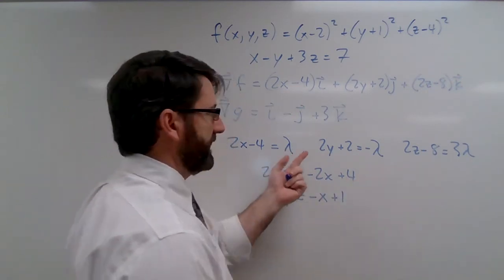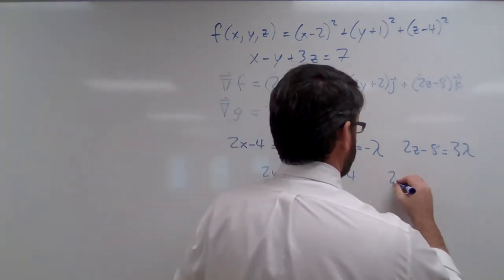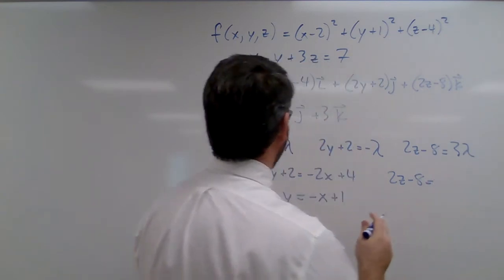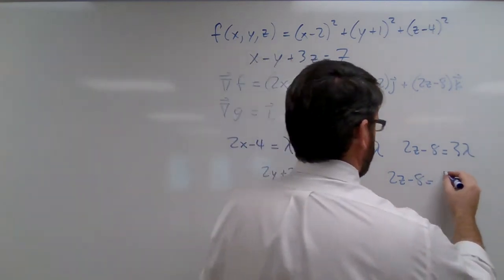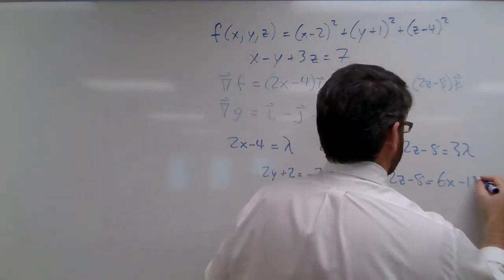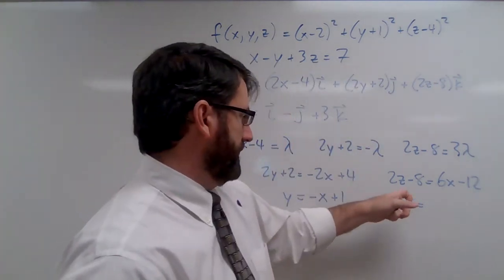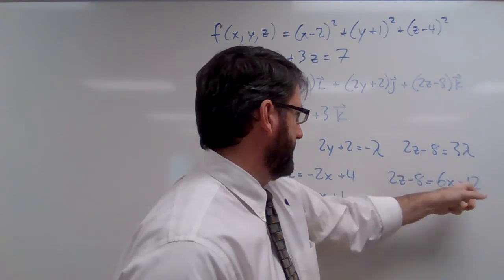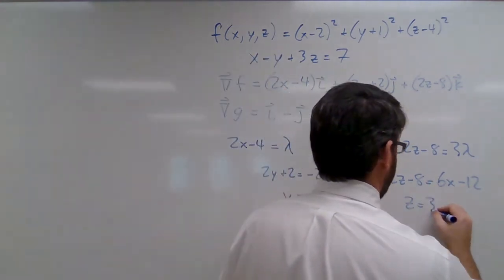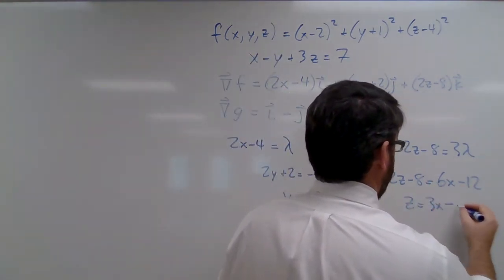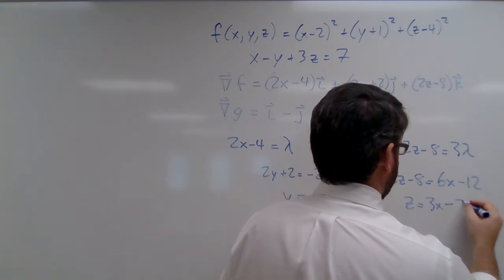And then if we plug in this lambda over here, we get that 2z minus 8 is equal to 3 times this, so 6x minus 12. And if we solve for z, if we add 8, that's negative 4, divided by 2, we get 3x minus 2.